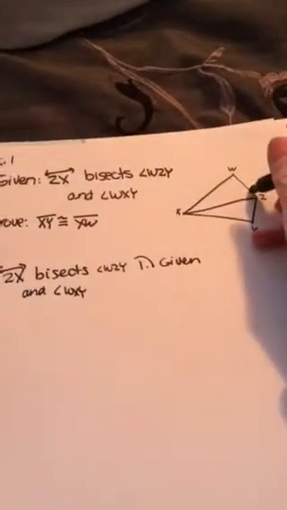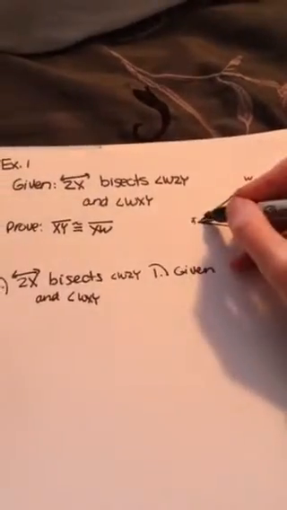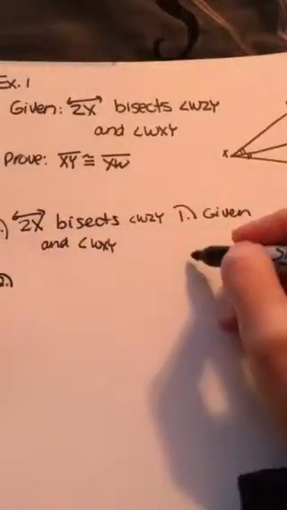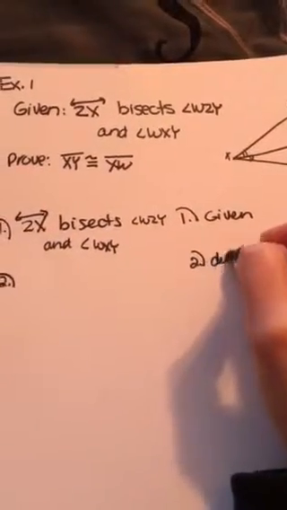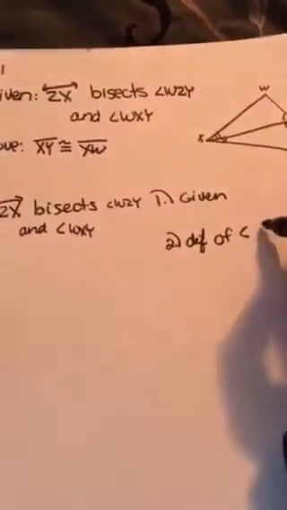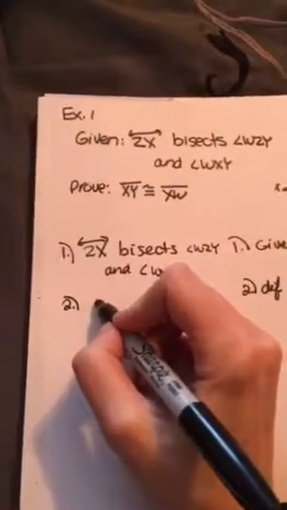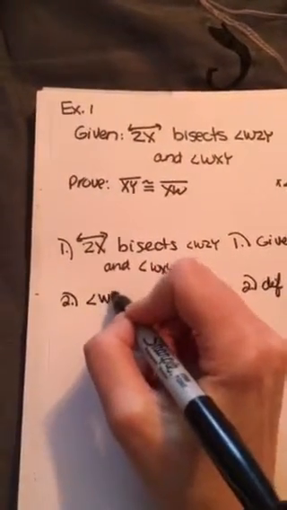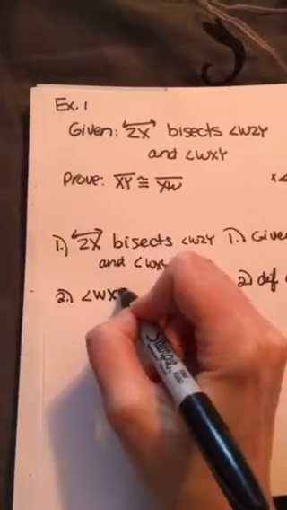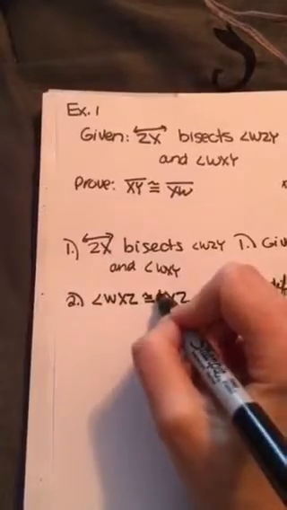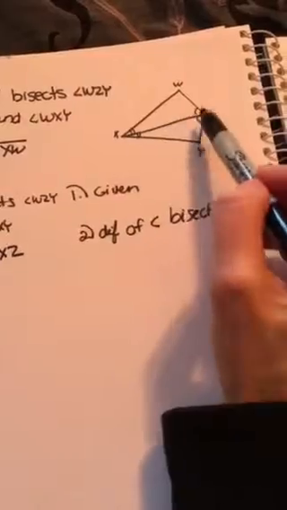I know that if a line bisects an angle, both sides of that angle are going to be equal, which means that those are going to be congruent. So for my second step, by the definition of angle bisector, I know that angle WXZ is congruent to angle YXZ, so these two angles here are congruent.